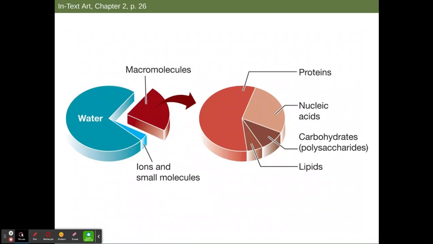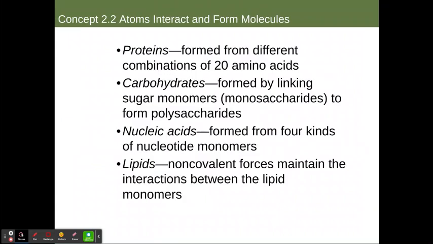Okay, so on page 26, to close, we can see our macromolecules being formed by the process of polymerization, which we'll cover in the next lesson. As these begin to form, we put them into four groups. We have our proteins, carbohydrates, nucleic acids, and lipids.